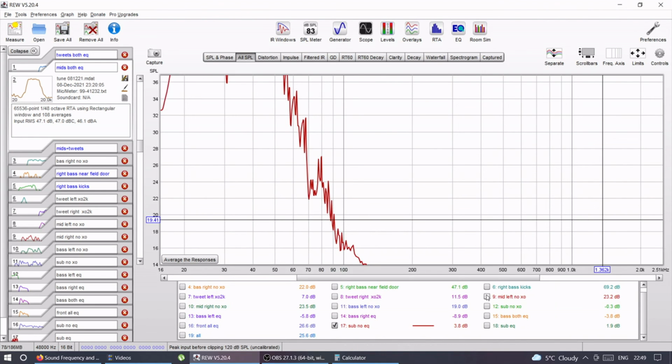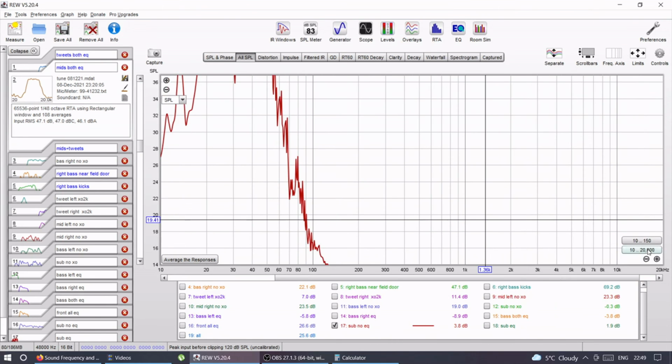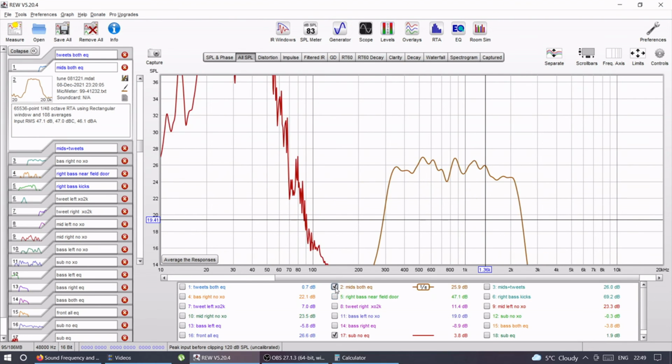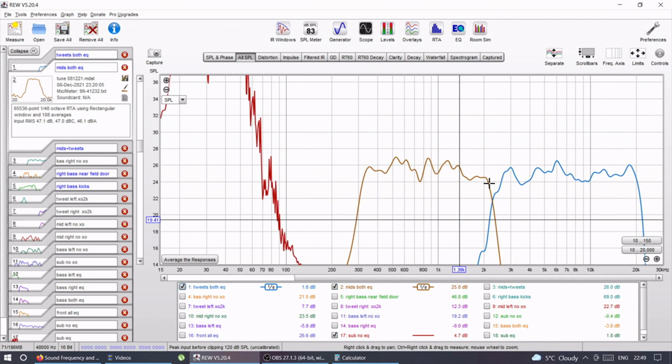So the only thing that you need to take from this on a very basic level is to know that when frequency response changes, the phase changes as well.